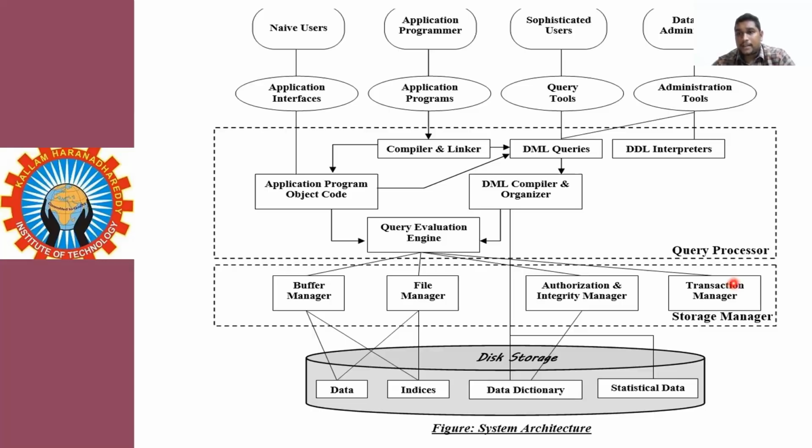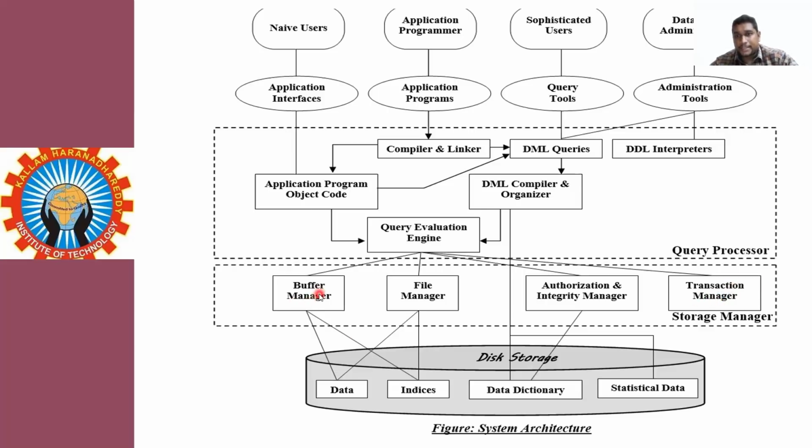That is, if you take a bank transaction, as we already discussed, it checks whether the transaction is happening, whether it has happened, or whether it is in between the transaction. All the process is checked by a manager called the transaction manager.